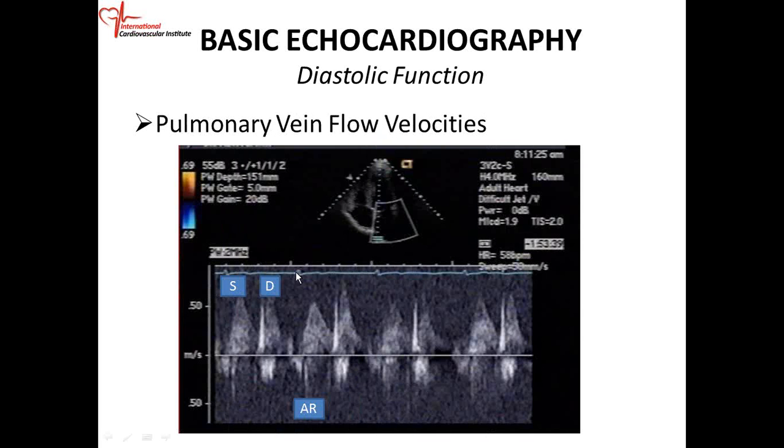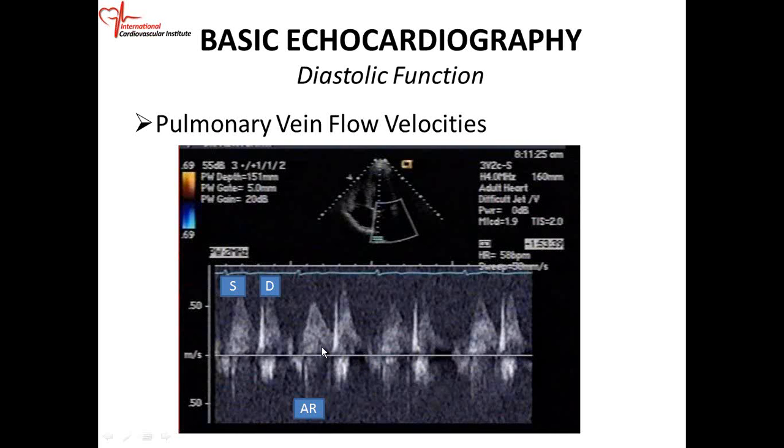Remember, systole is from the beginning of the QRS to the end of the T wave. So this is the systolic component. Diastole is from the end of the T wave to the beginning of the QRS. So we have a diastolic component. And you also have what we call the atrial reversal, which is below.